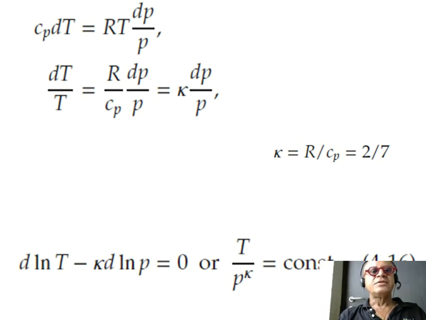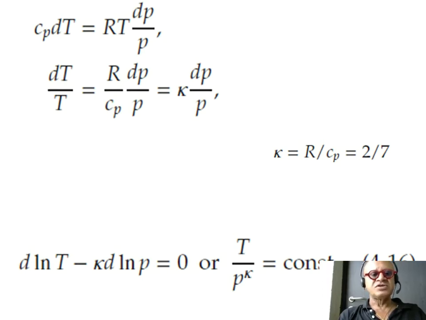So you write this in terms of log, because whenever you have dT over T and dP over P, you can write them as d of ln T minus kappa d of ln P equals 0, since delta Q is 0. Or you can write this as d of T over P^kappa equal to constant.